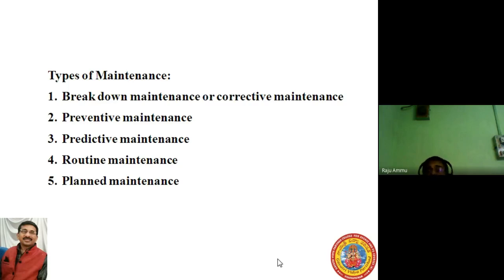This is one of the newer types of maintenance, which may be anticipated to gain increasing attention on the total plant, machinery, buildings, etc. you are using. This is called predictive maintenance. You are anticipating.